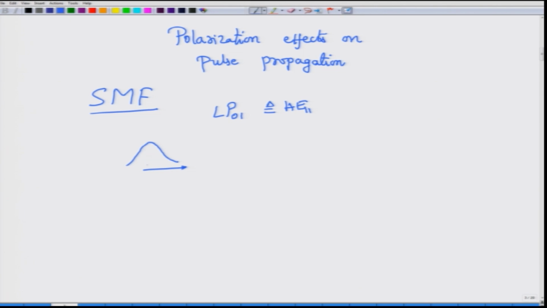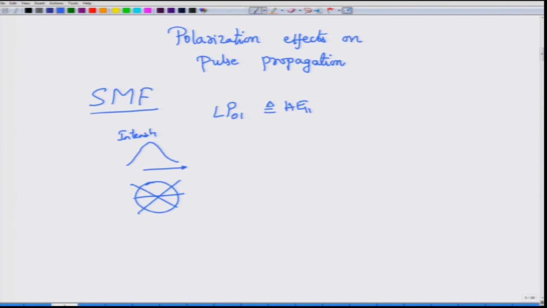This is true when you take the cross section in any way, because this LP01 mode is completely independent of the azimuthal angle phi. So, all different cross sections would exhibit the same type of intensity or power pattern.